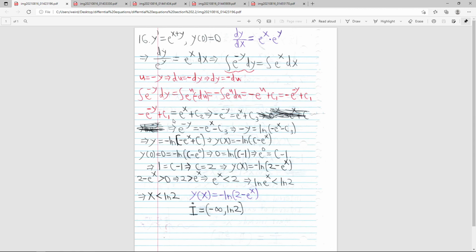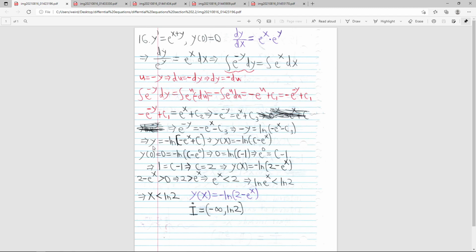Okay, then we have the right hand side, which is e to the x plus c2, and you simplify down. Negative e to the negative y power equals e to the x plus c3. Then we divide by negative 1, so we have negative e to the x minus c3. I kept it as minus c3 here for a moment, and you can take the natural log and you get natural log of negative e to the x minus c3.